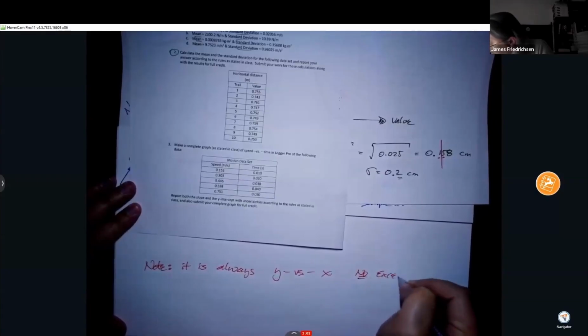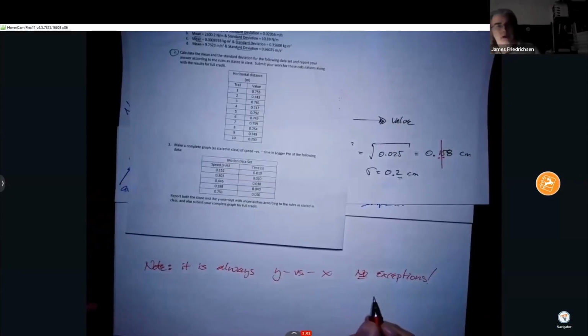One thing I need you guys to either recall or to note. It is always y versus x.